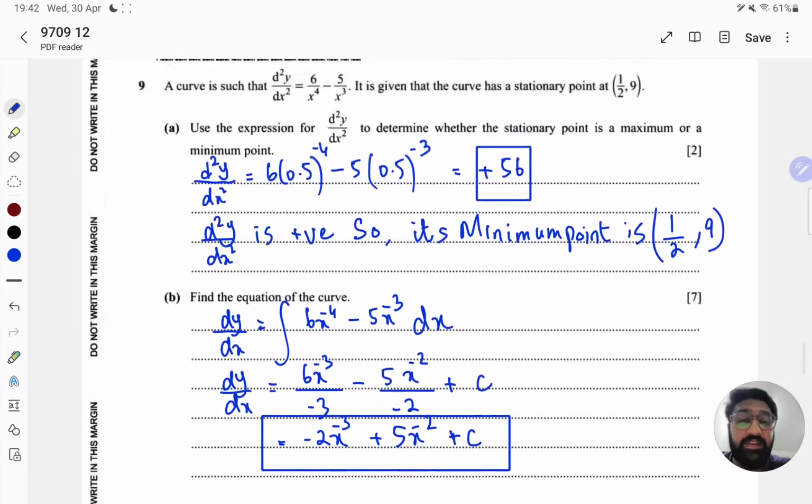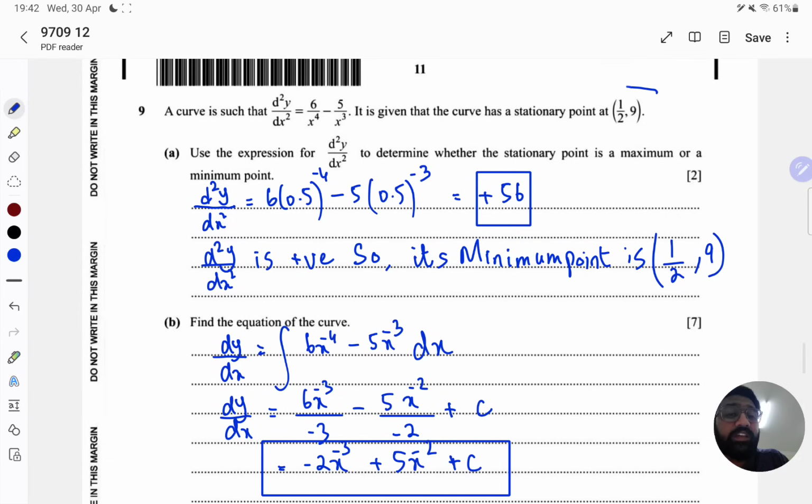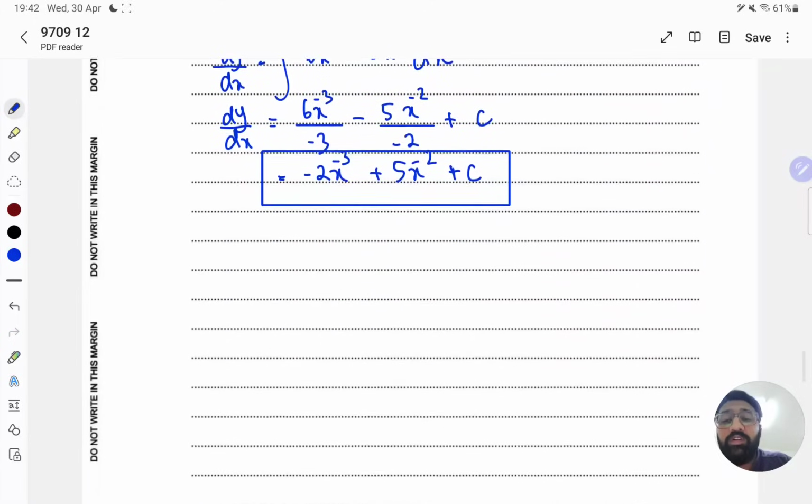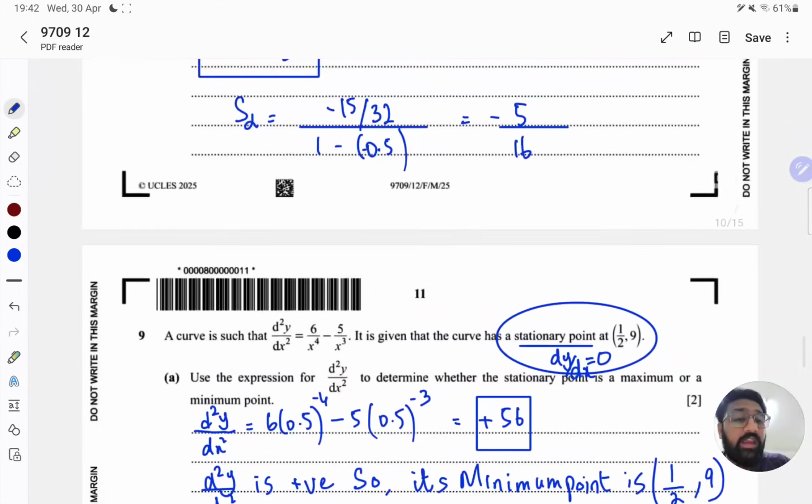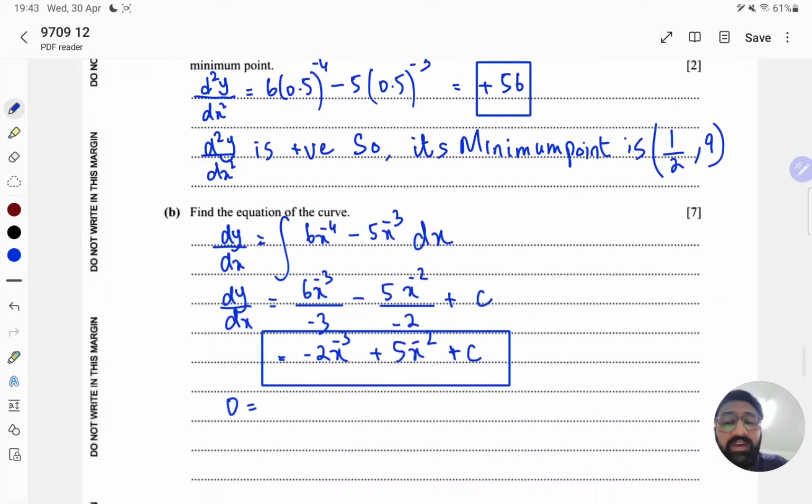So this is the equation for the first derivative. If you go back to the question, it says that the stationary point is this. I hope you can recall that stationary point means dy by dx is equal to 0. So we can substitute dy by dx as 0, where specifically the value of x is 0.5.